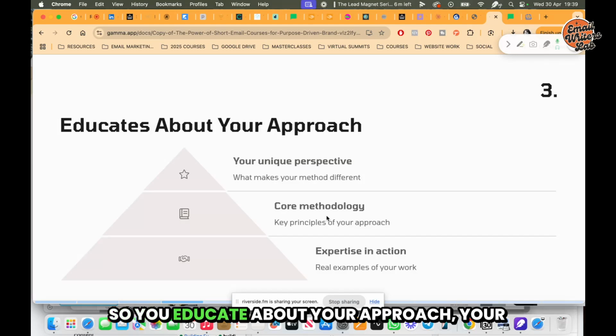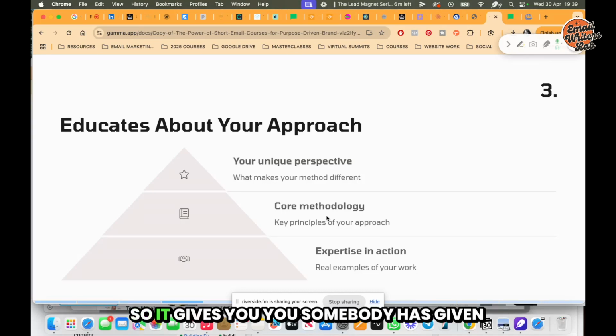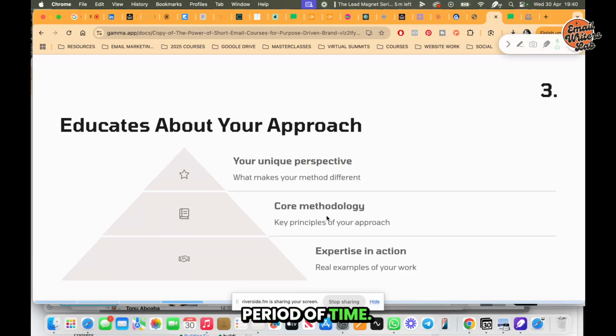So you educate about your approach, your perspective, your methodology, your unique solution frame or your unique branded solution. Give examples of your work. You can share case studies, you can share testimonials. So somebody has given you permission to sell to them, really, but also permission to build that relationship with them in a very short period of time.